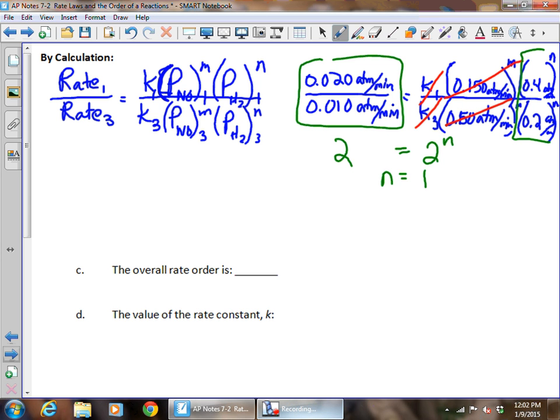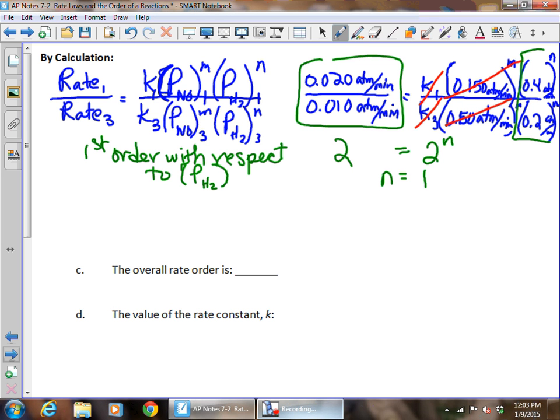So we can say that this is first order with respect to B, or the rate order with respect to B is 1. Either way is acceptable. First order with respect to B. Actually, it's not B. Went into default mode, with respect to the pressure of H2. So there's our first part of the reaction.